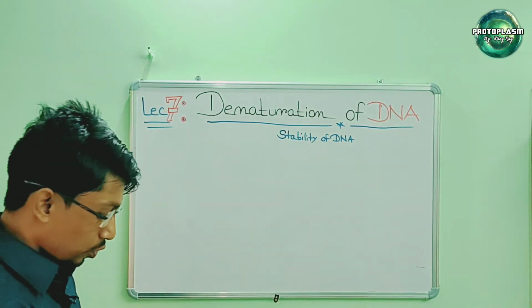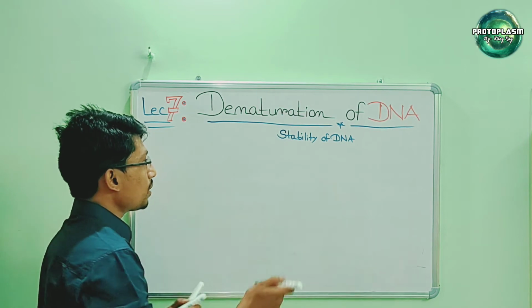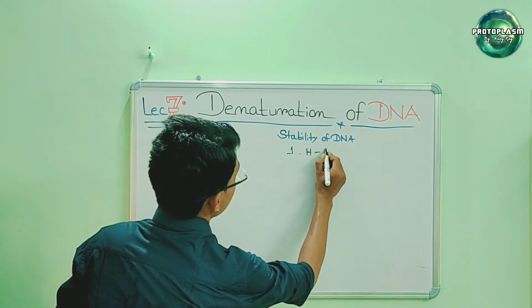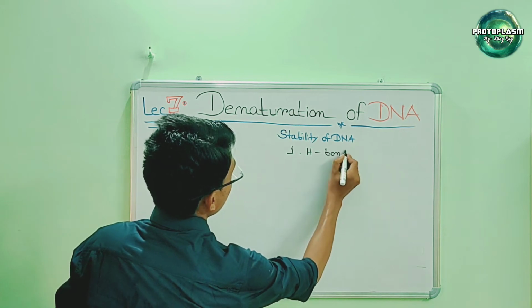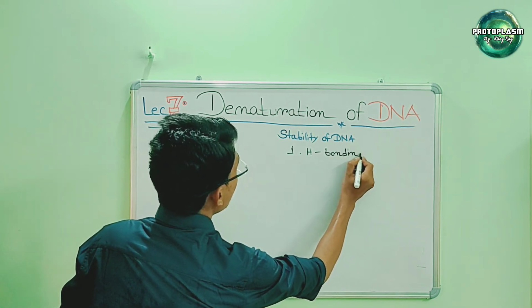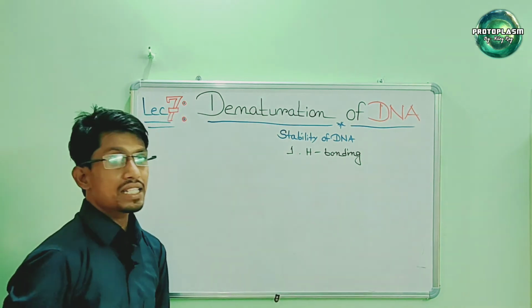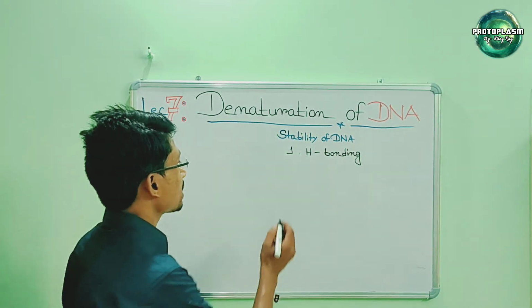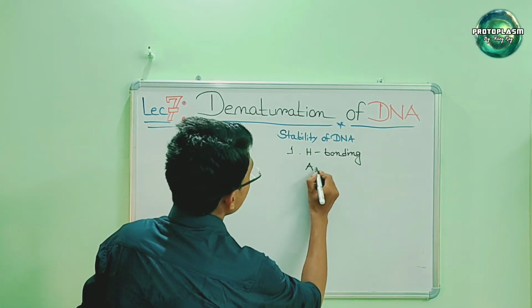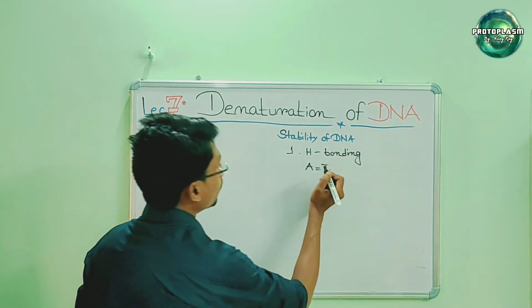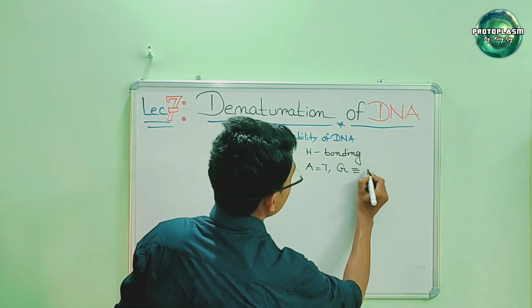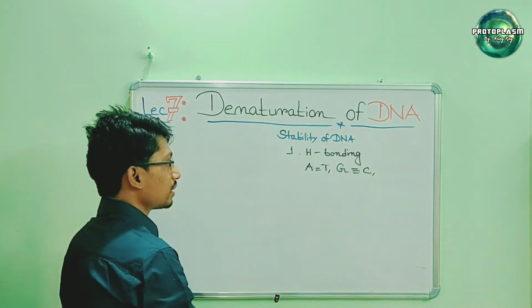What were those two properties? First one is the hydrogen bonding. Remember, the hydrogen bonding present between each of the nitrogen bases. Adenine is paired with thymine by 2 hydrogen bonds and guanine with cytosine by 3 hydrogen bonds.